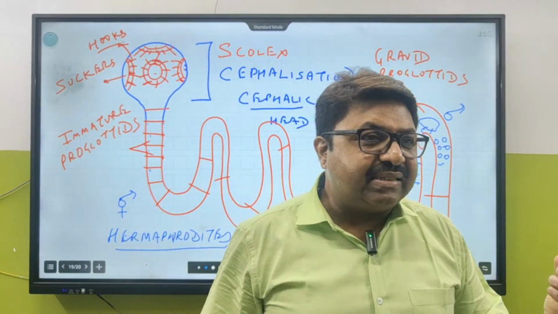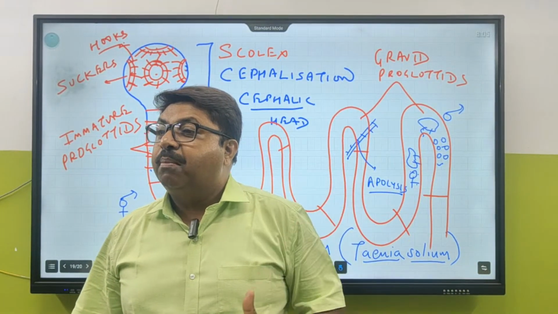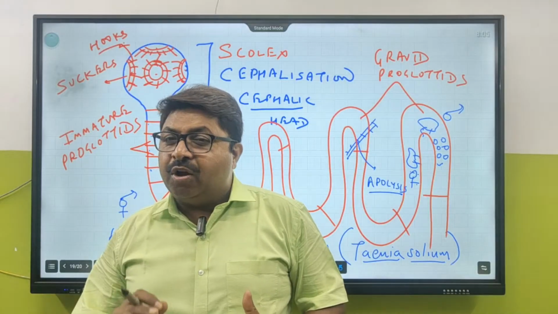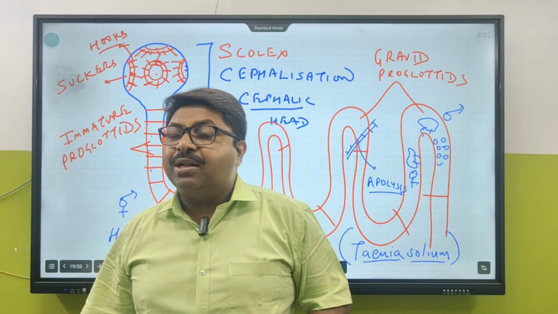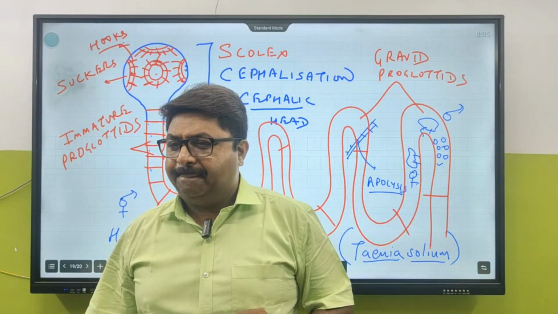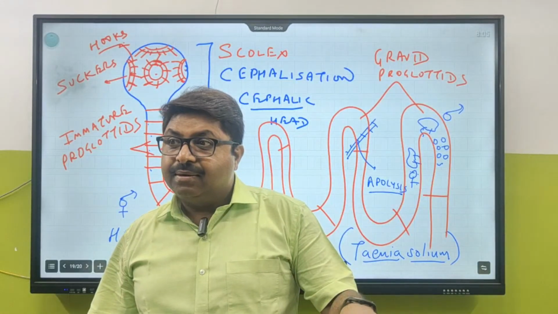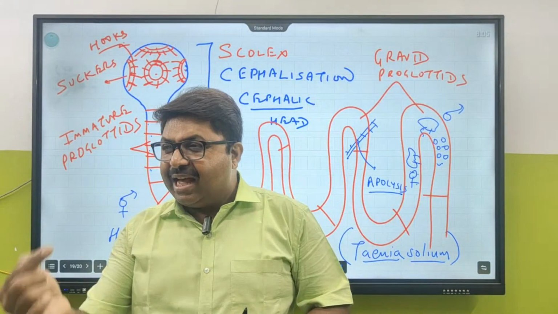Within the feces or stool, what is present? Eggs of tapeworm. Who is going to feed on this? Who are those coprophagous animals which feed on human stool? Pig. So one of the pigs followed that person and fed on that particular stool.